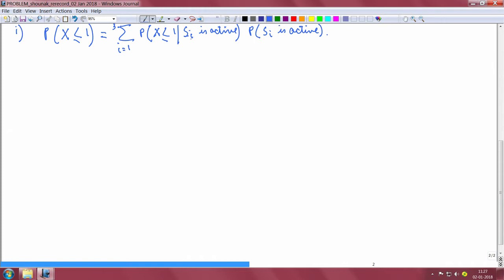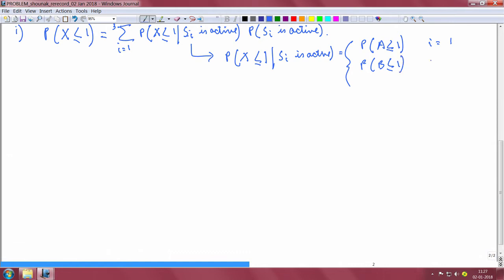This particular quantity is nothing but the probability that X is less than or equal to 1 given Si is active, which means the probability that A is less than or equal to 1 for i equal to 1, the probability that B is less than or equal to 1 for i equal to 2, and the probability that C is less than or equal to 1 for i equal to 3.